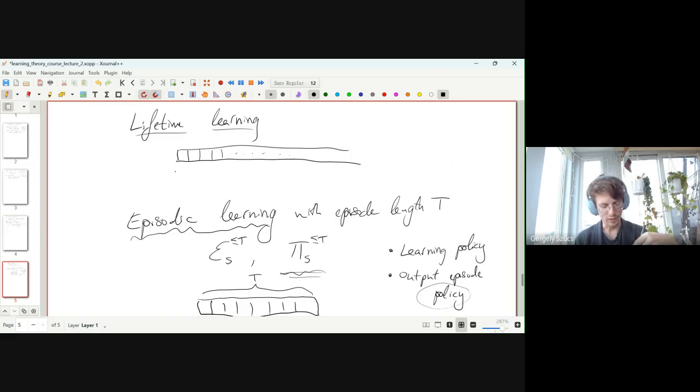But it is good to clarify that in practice, when an RL agent is learning an Atari game or something, it is in the episodic learning setting, where you reset the game at certain points and break it into episodes. One thing worth mentioning is that if you imagine letting an agent run loose in the world, then it's better to think in terms of lifetime learning, because there's not really a reset button in the real world. So it's helpful to keep the lifetime setting in mind.